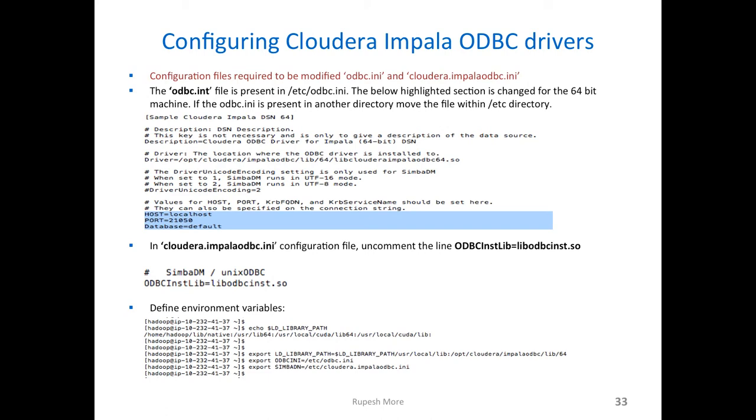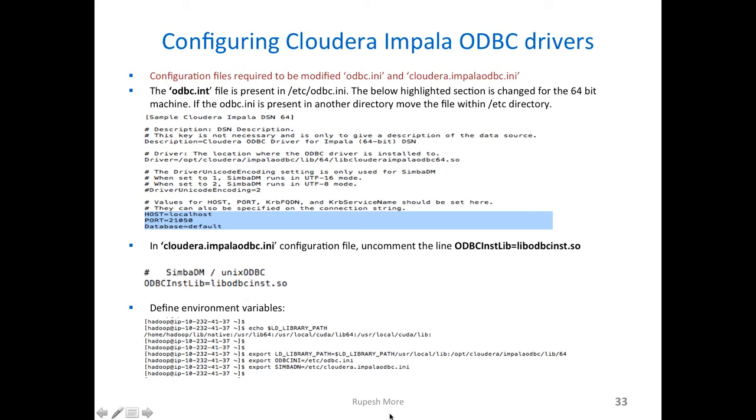with Impala. In the odbc.ini file, you have to edit the host to localhost, port to 21050, and the database should be default. Whereas in cloudera.impalaodbc.ini, you have to just uncomment this line for the Simba DM / Unix ODBC.